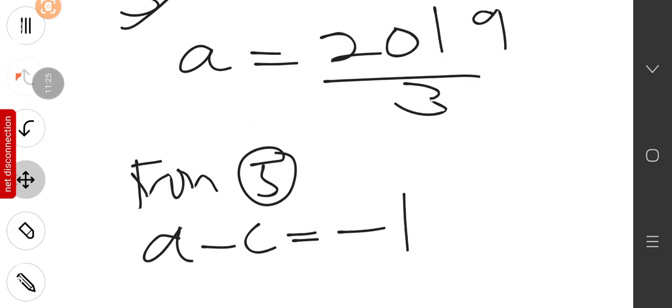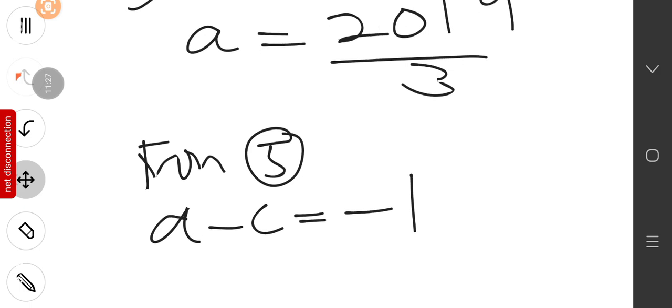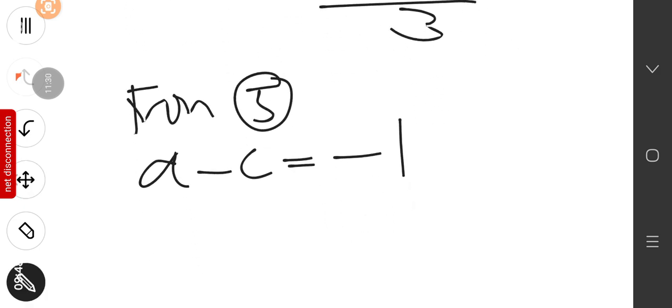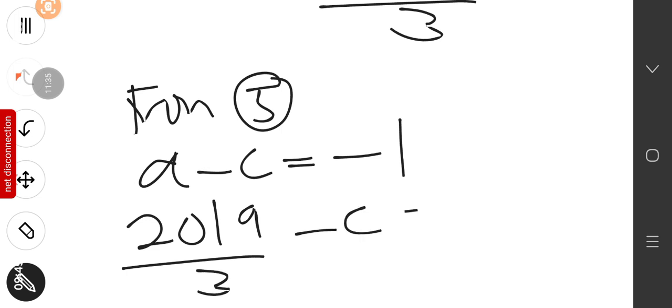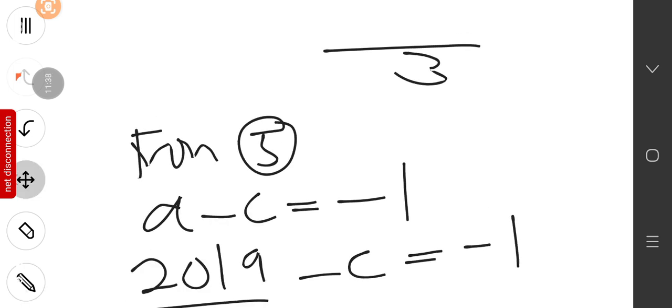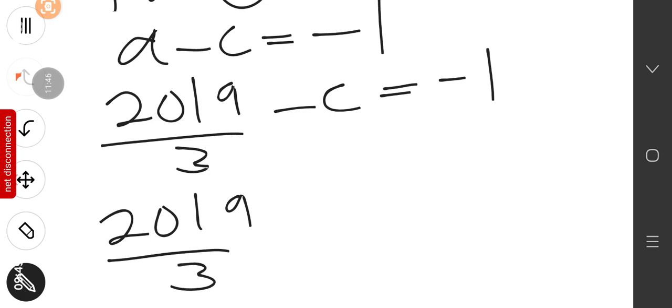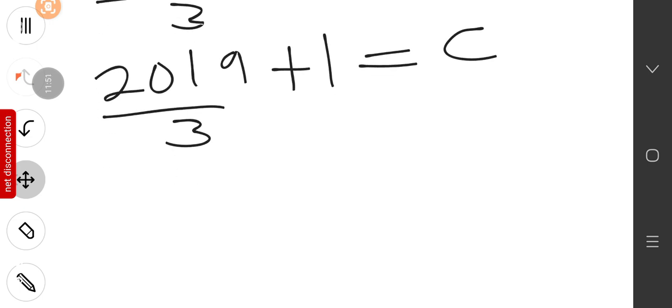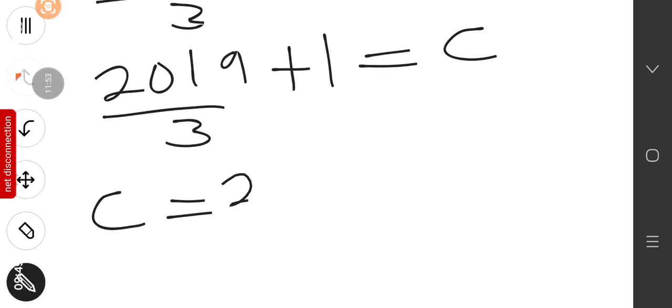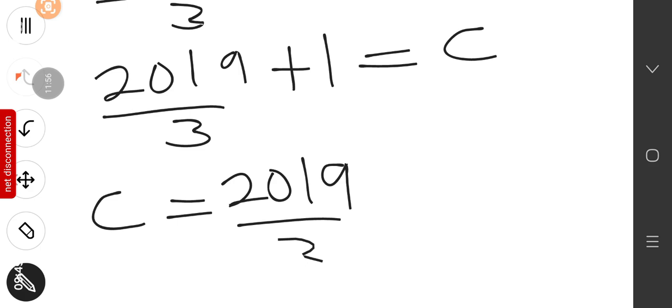All right, now you know the value for A as 2019 over 3. Now let's put it into this equation. So you have 2019 over 3 minus C equals minus 1. So you're going to have 2019 over 3 plus 1 equals C. So let's transpose C. So you have C equals 2019 over 3 plus 1. Now any number has a power of 1, so it's over 1.